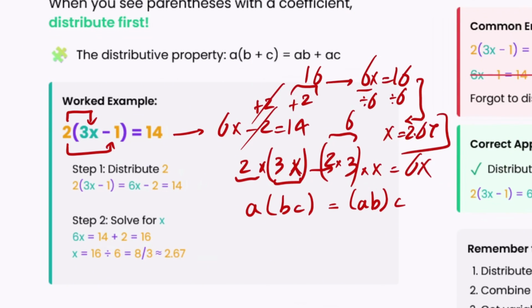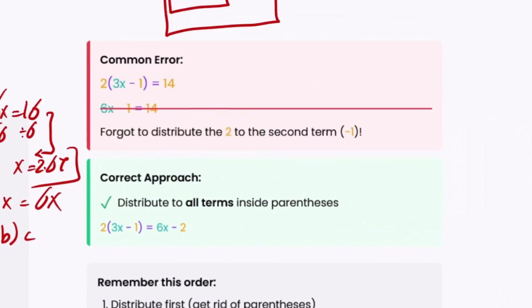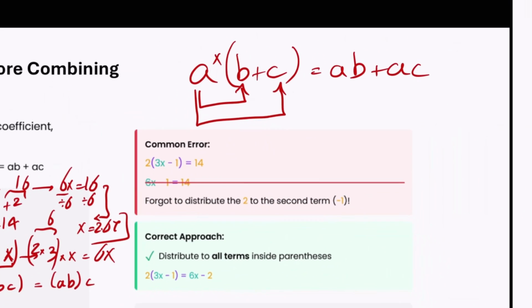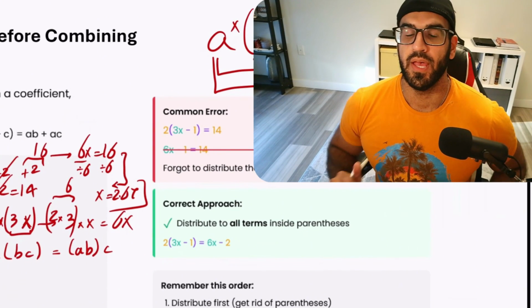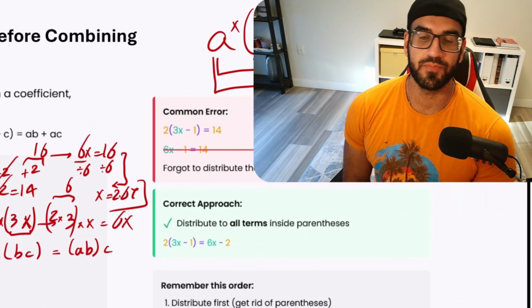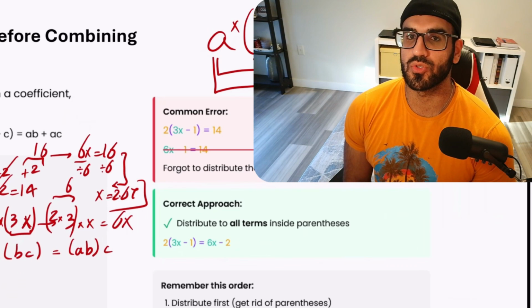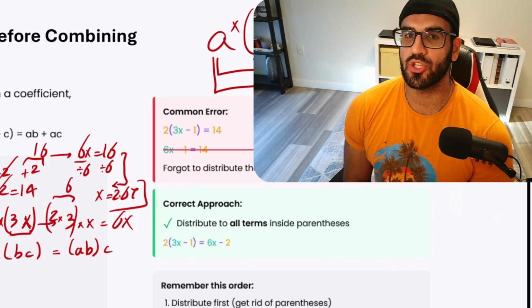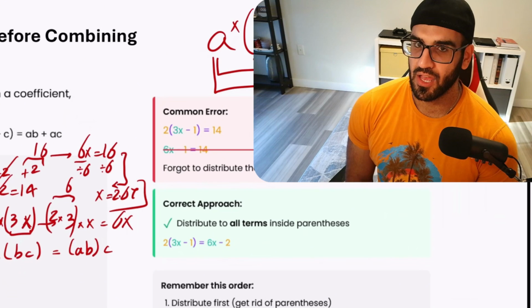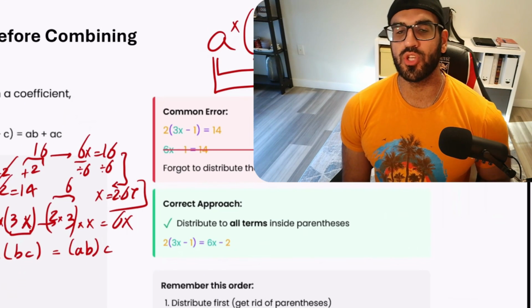It's simple. So one common mistake that I see sometimes the students make is that they know what they should do, but the thing that they're doing is that they're not doing it right. They're not doing it completely. What does that mean? So we do have 2 times 3x minus 1.